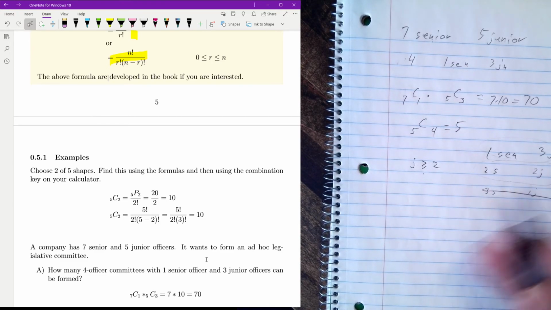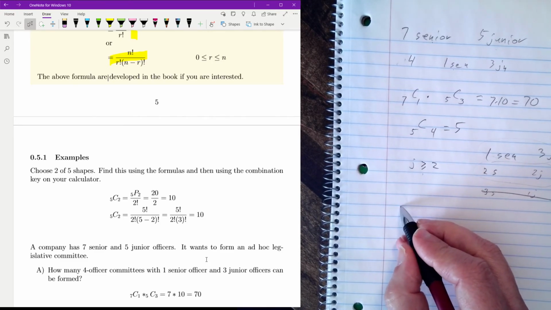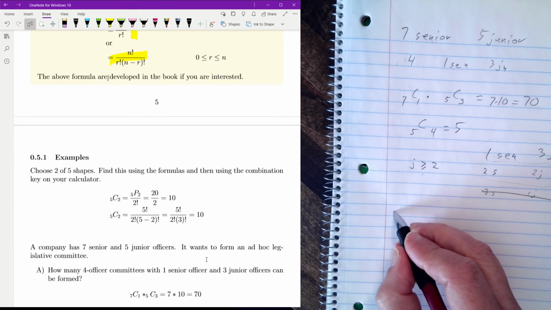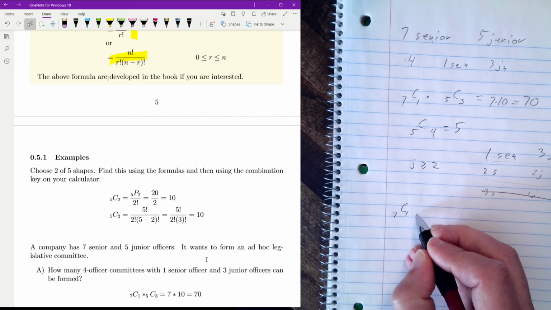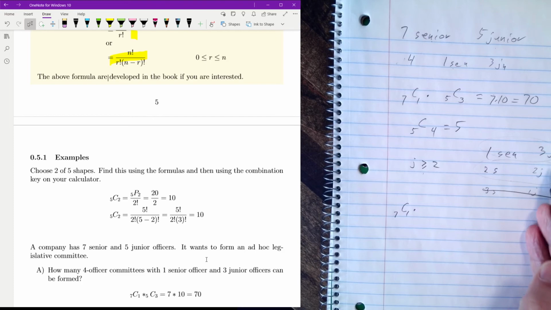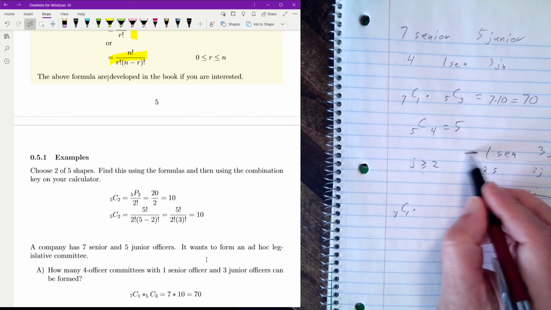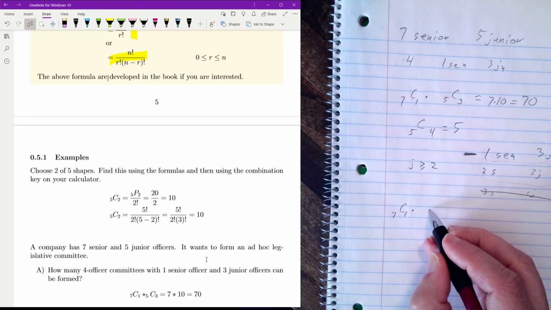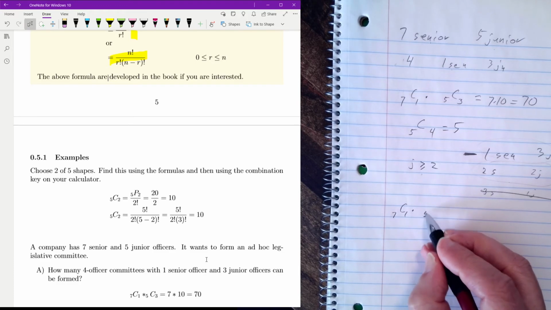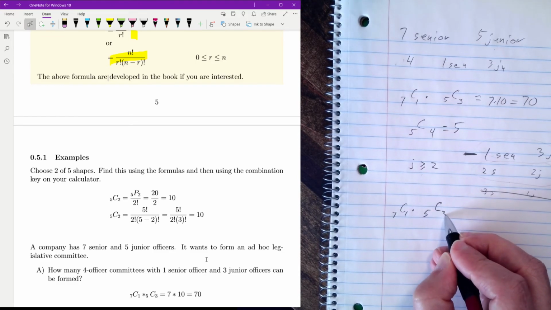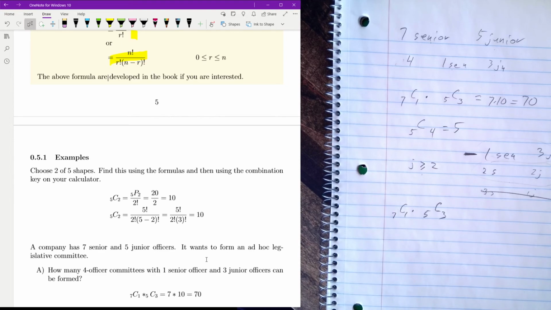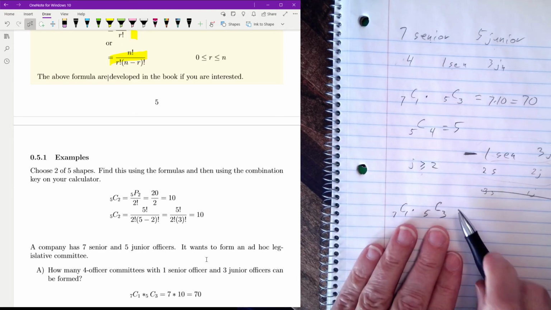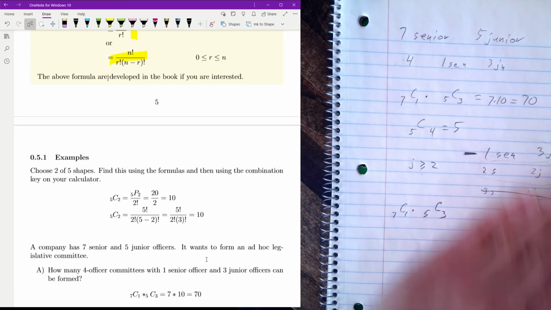So 1 senior officer. So we're doing 7 choose 1, times 5 choose 3. So this is how many ways we can do this first combination.